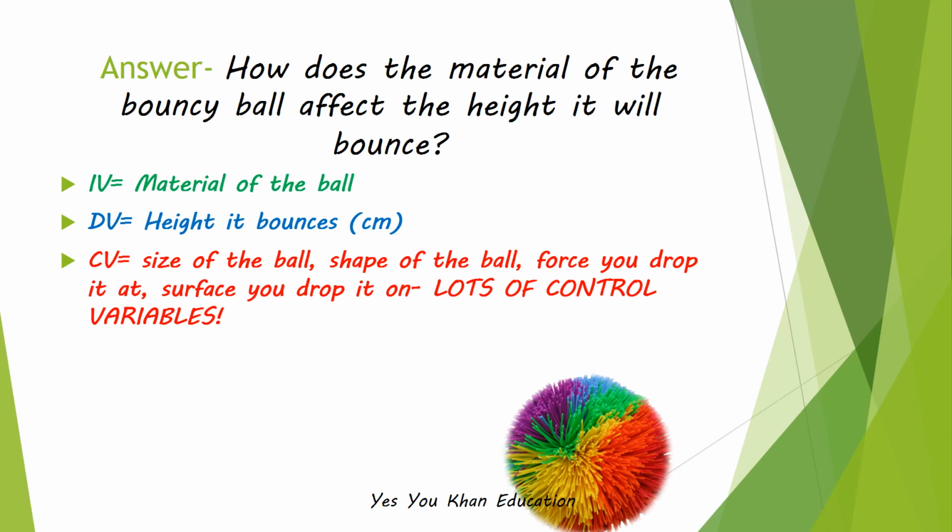So, if I'm trying to measure the effect of the material of the ball on the height that it bounces, if I were to change the size or the shape of the ball, this will affect the height that it bounces. So my results would not be valid. I cannot be 100% sure that it's the material of the ball that is affecting the height it bounces and not anything else.